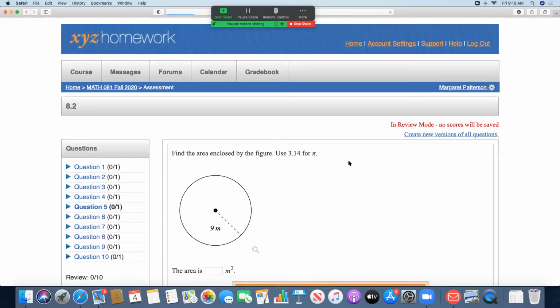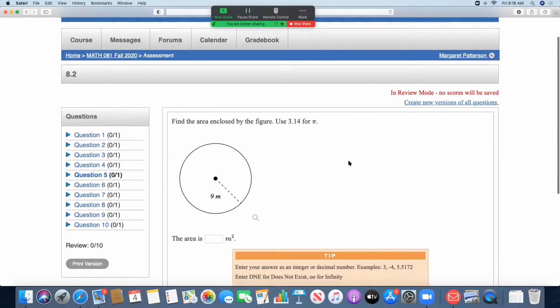Okay. So this one here, area is pi r squared. The radius is marked as 9. So the first thing you would do is square the radius. 9 times 9 is 81. Then you multiply by pi, which is 3.14, and that answer would go here.